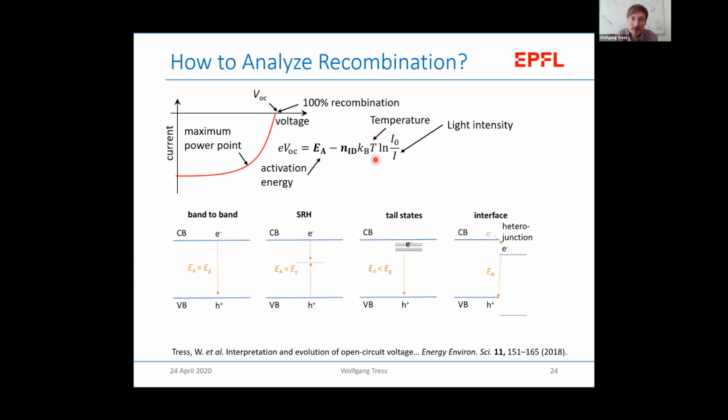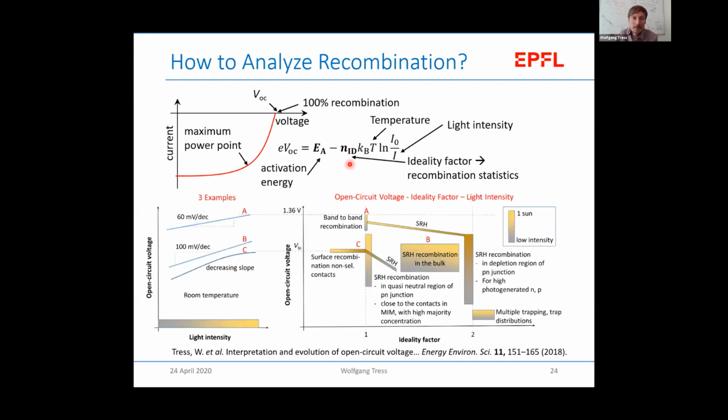The reason for a temperature dependence is in principle directly seen in thermodynamics, where you have to see that the electrical energy we want to get out of the system is entropy free, but the entropy also needs to be at least conserved. So there must be also some energy flux which contains this, and this limits in principle this voltage. And this N is the ideality factor, and this can tell us a little bit about the recombination statistics.